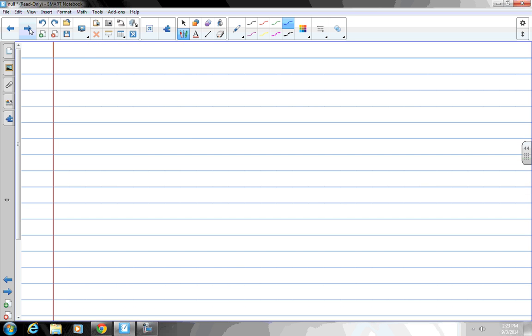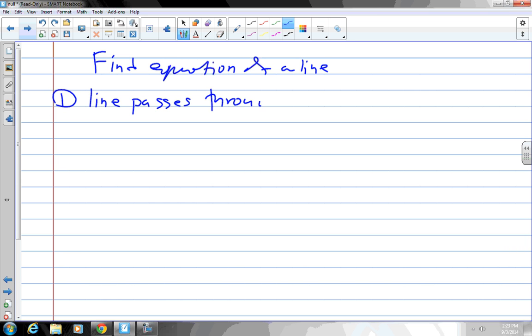So here's an example. Find equation of a line that passes through the point (1, 2) and has a slope m equals -3. So I have all the required information.